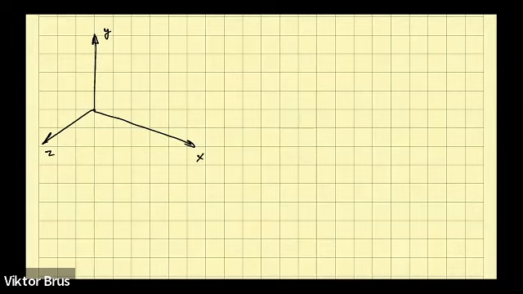So, some position on this axis x. Let us consider the electric field vector and the magnetic field vector. The propagation of the electromagnetic wave in this case will happen along axis x.